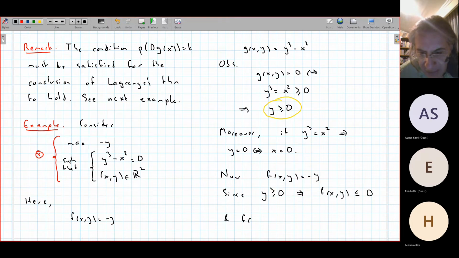And it's equal to 0 if and only if y is equal to 0, in which case also x is equal to 0, according to this.